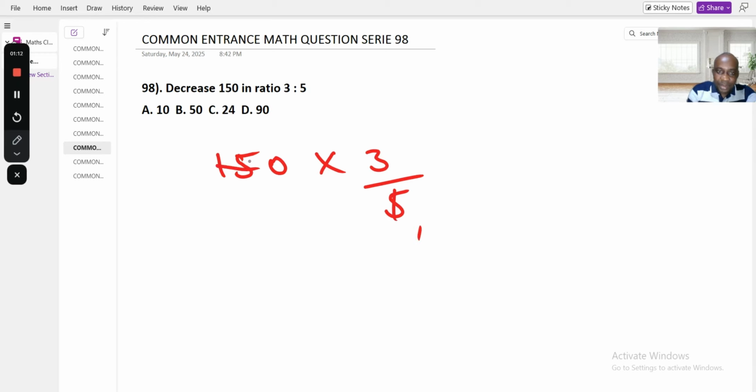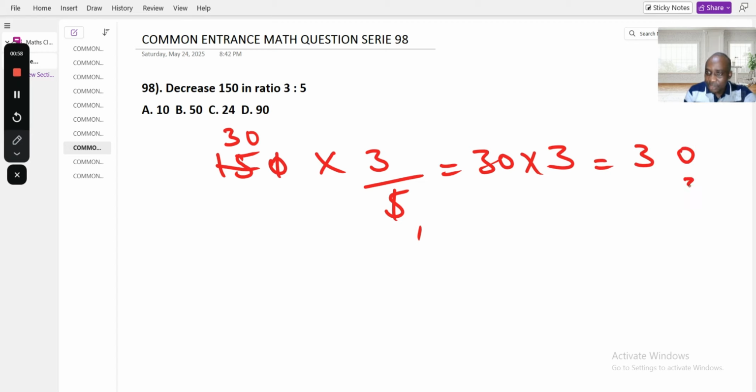How many 5 can we see in 15? 3. Here, how many 5 can we see? 0 is 0. The final answer is 30 multiplied by 3. 3 times 0 is 0. 3 times 3, 9. Our final answer is 90. D.